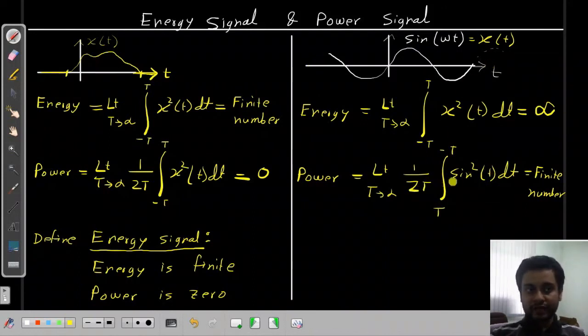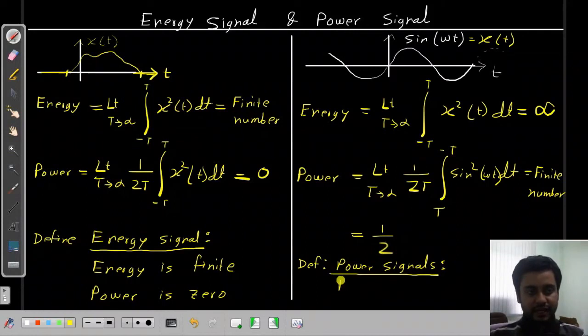So when you divide the total energy by time, you get a finite number. And you know that if it is sin(omega t), in that case the result will come out to be 1 over 2. So power signals are signals for which energy is infinite but power is finite.